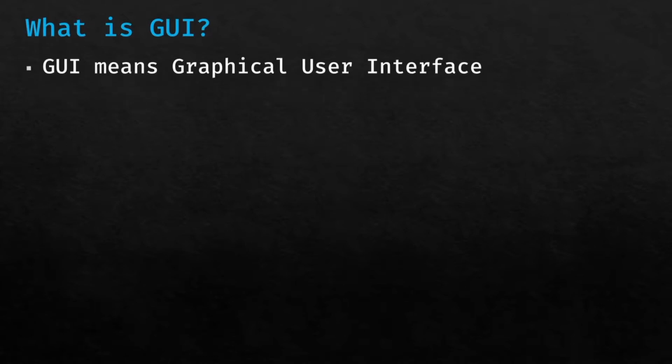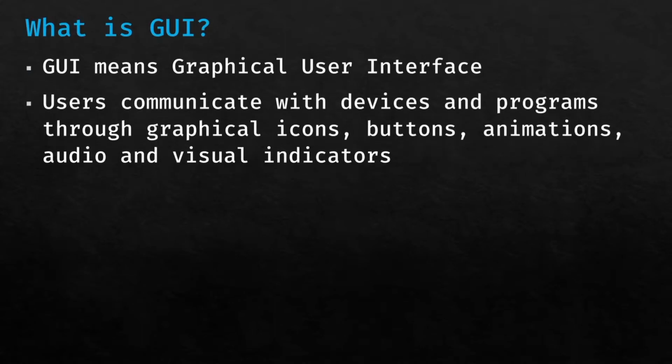GUI means Graphical User Interface, and in the GUI, users communicate with devices and programs through graphical icons, buttons, animations, audio, and visual indicators. We are going to go through that in a jiffy.